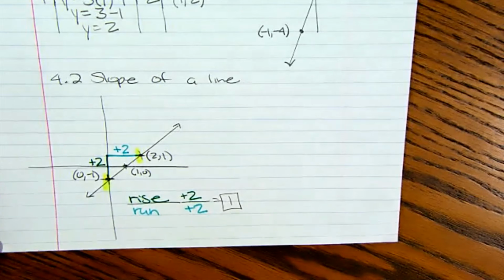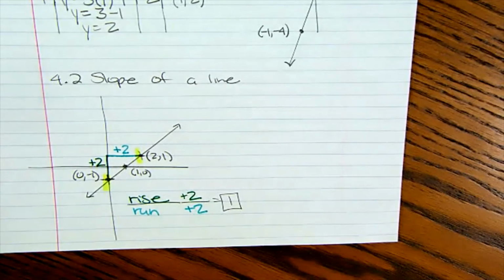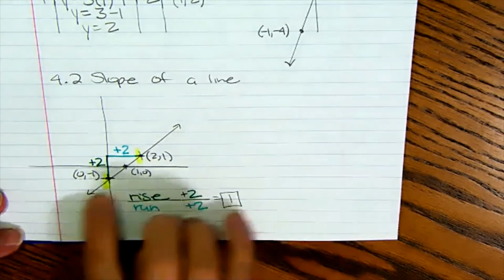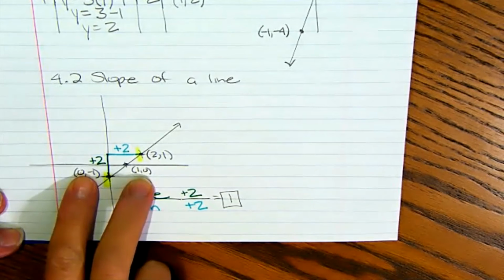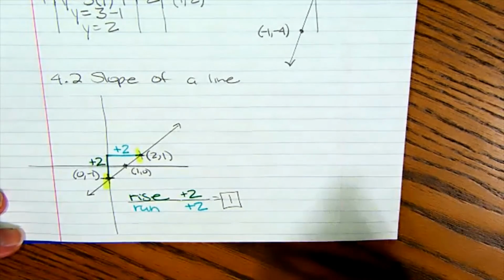Sometimes they give it to us as a word problem. What is the slope of a line that passes through these 2 points? Sometimes they'll give us a table and we need to pick 2 points off the table. Or sometimes they may give us a graph and we can pick 2 points from the graph.